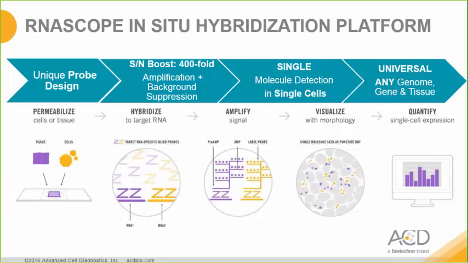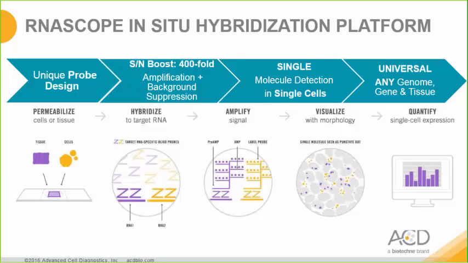The RNAscope assay begins with a unique double Z probe design, which we will look at a bit more in depth after this overview slide. RNAscope works with a variety of cells and tissues, the most common and clinically important being formalin-fixed paraffin-embedded, or FFPE, tissue. As with IHC, the tissue is placed onto a glass slide where the cells are permeabilized and target mRNA is unmasked.